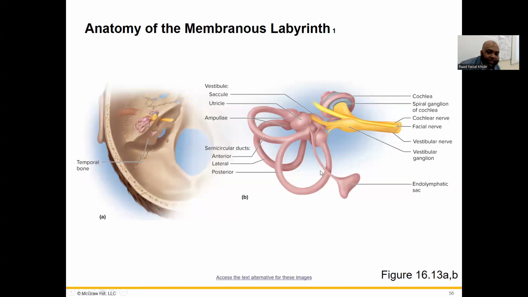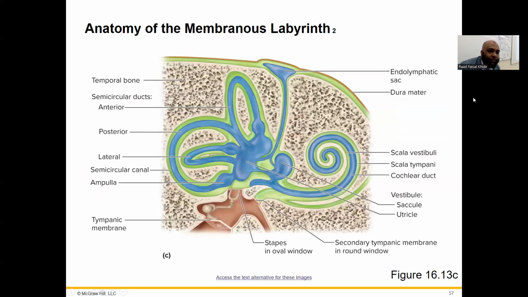See these semicircular ducts, these fluid-filled semicircular canals, and they are surrounded by the temporal bone. To house them from damage, see these circular fluid-filled canals, they are susceptible to trauma and damage. That's why they are surrounded by this bony structure known as the temporal bone.